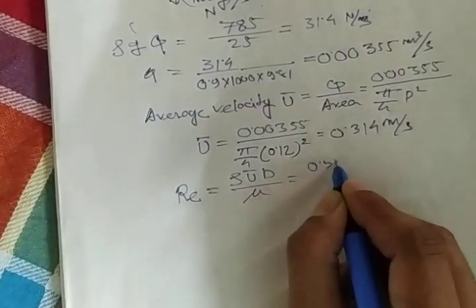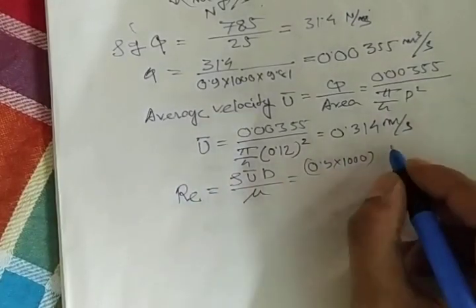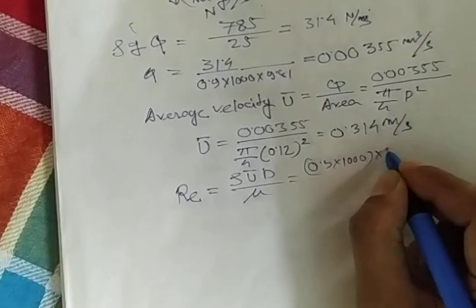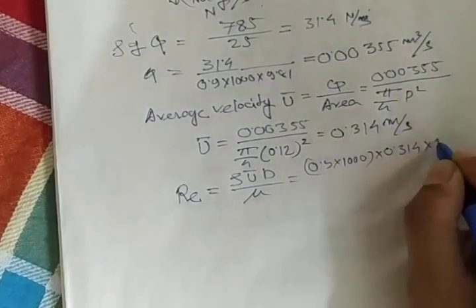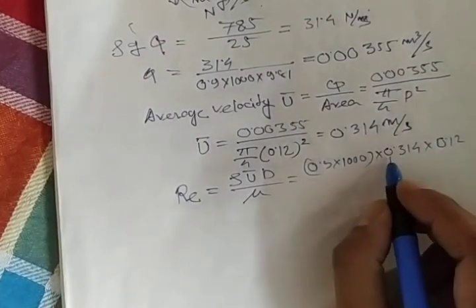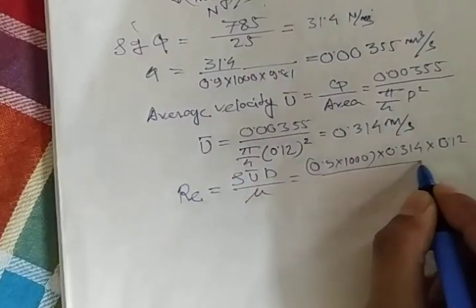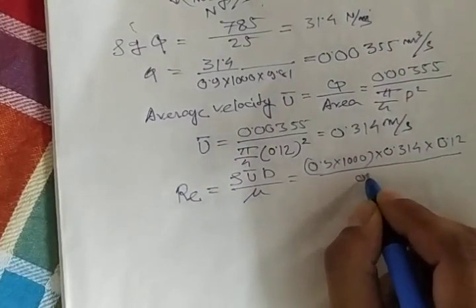So this is 0.9 into 1000 into 0.314 into diameter 0.12, divided by 0.09.